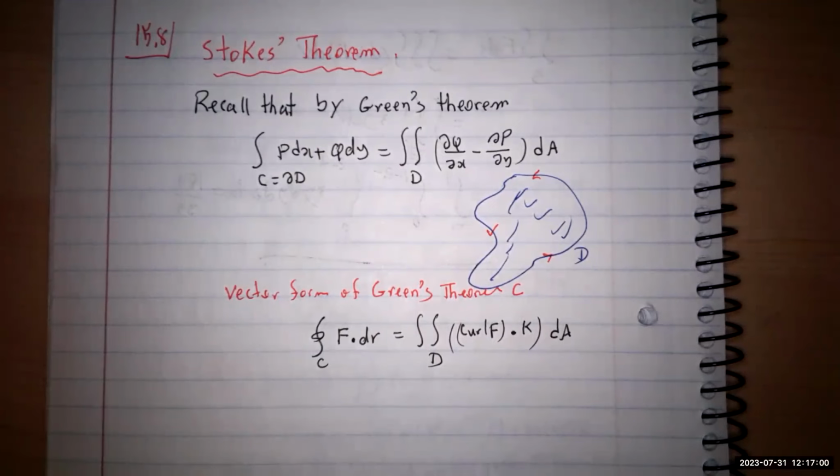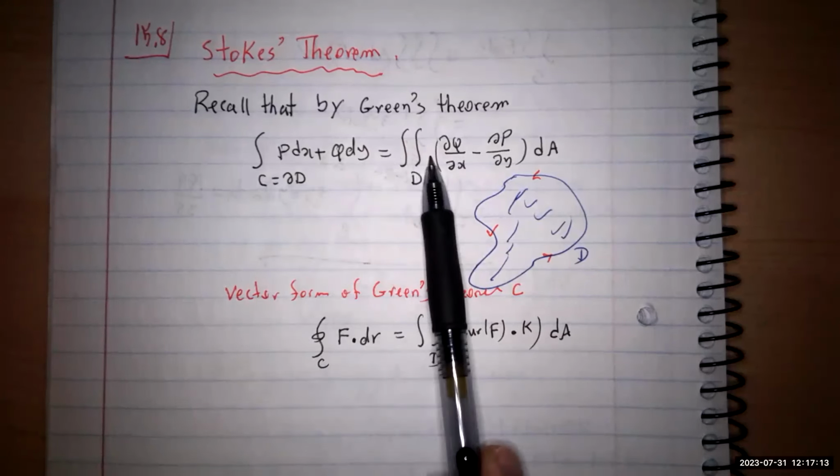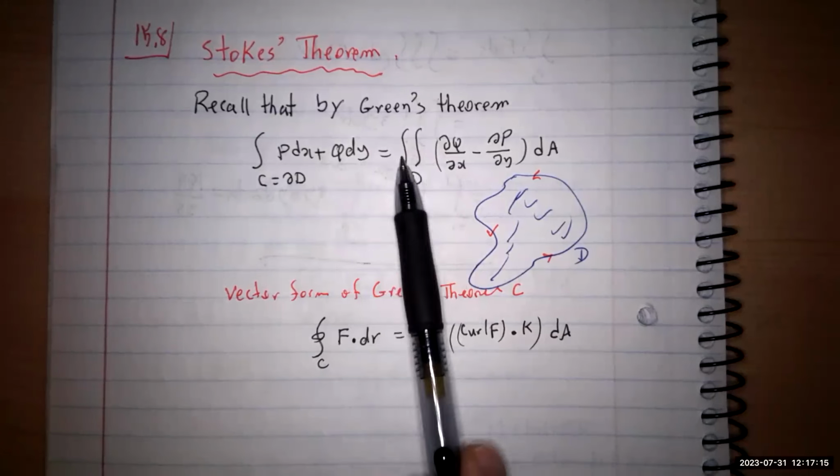So in the Stokes theorem, what we are going to do is change this function from a vector field in a plane into a vector field in space. If it's a vector field in space, it's going to be P dx, Q dy, and one more, R, for example.